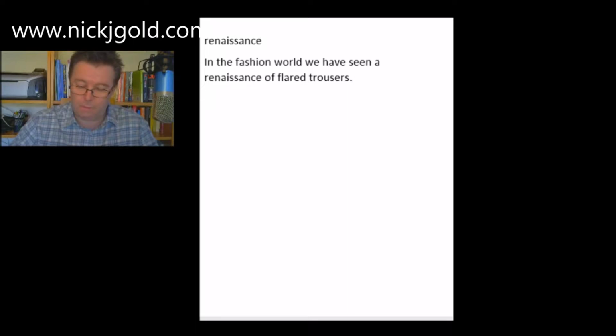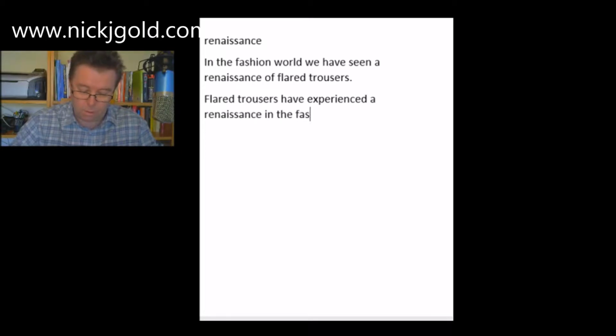Perhaps a better way of saying it: the flared trousers have experienced a renaissance in the fashion world.